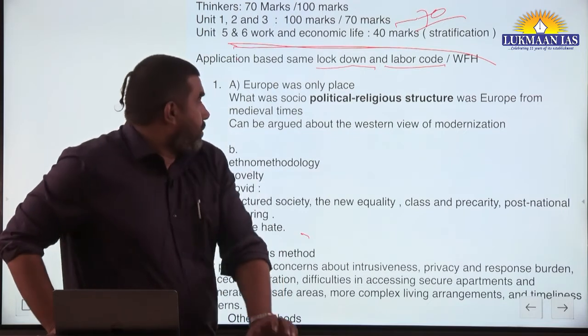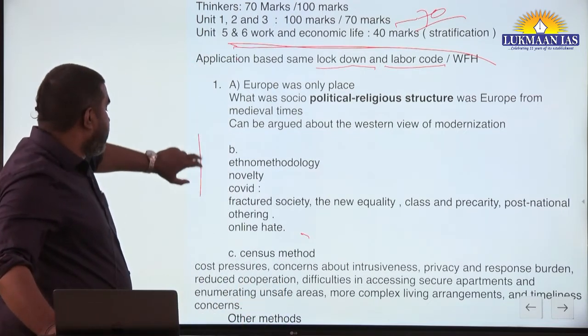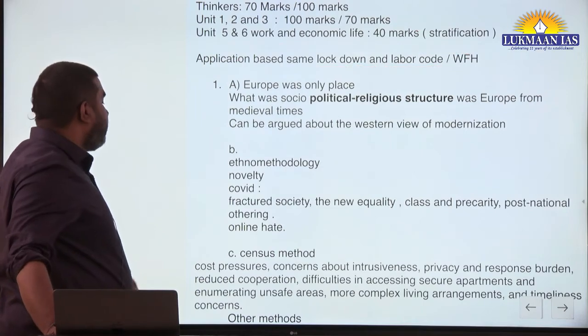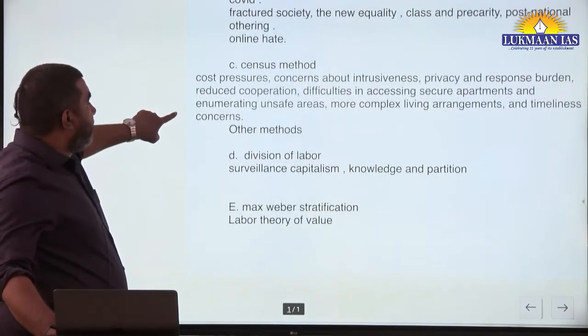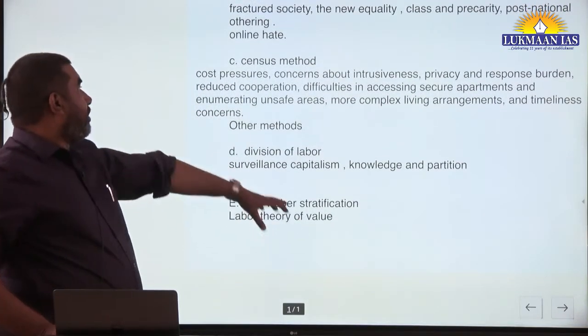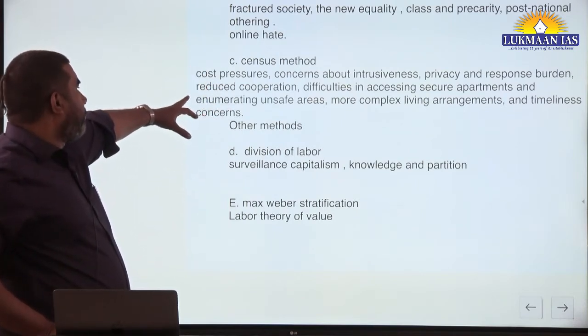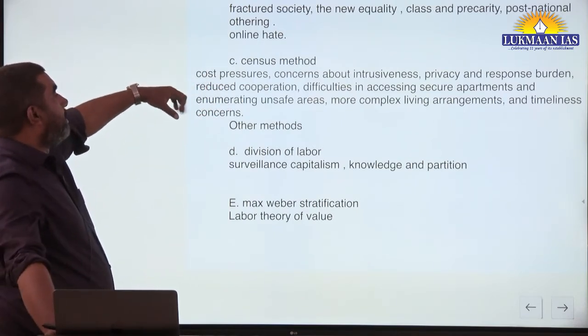On that note, I will discuss two or more questions. There was a question from census methods. I believe everybody till now has revised it. Everything was mentioned in the census method, but the limitations.